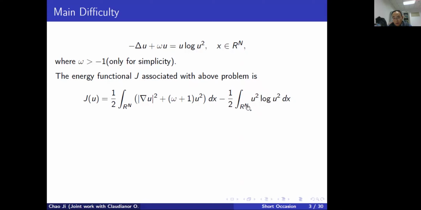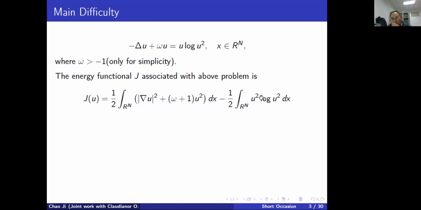If this function is divided by u square, when u goes to 0, its limit is -infinity. If this function is divided by the absolute value of u to the power q, where q is between 0 and 2, for example u to the power 1, when u goes to 0, its limit is 0.